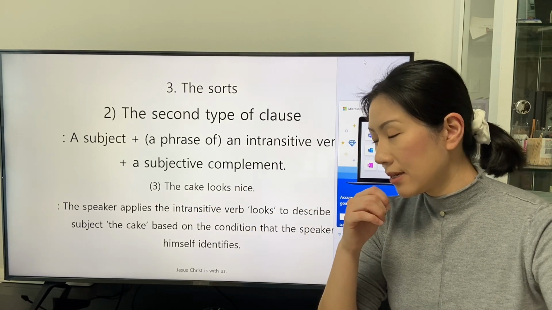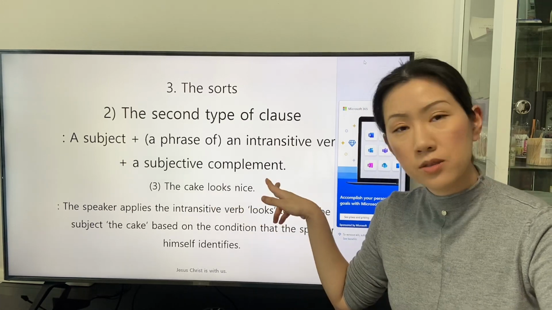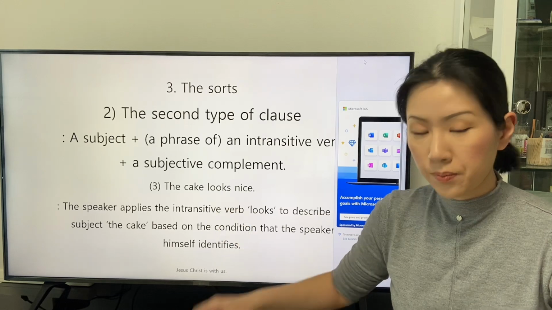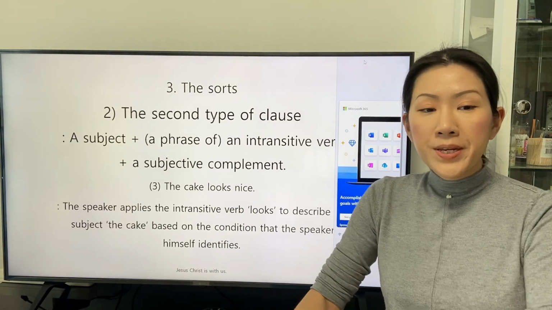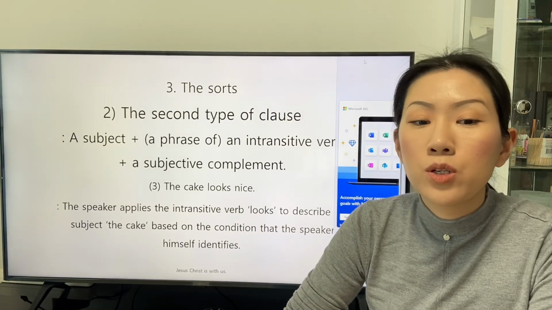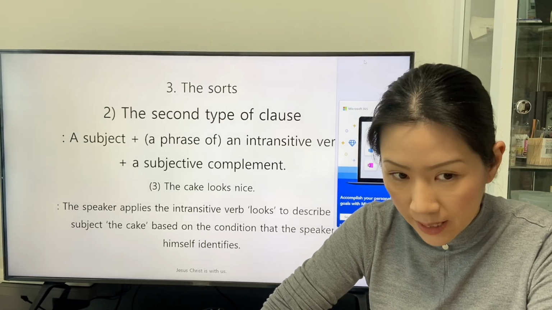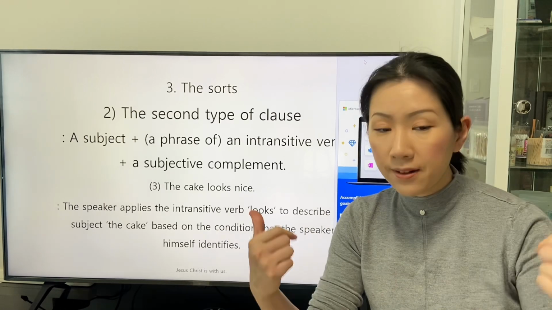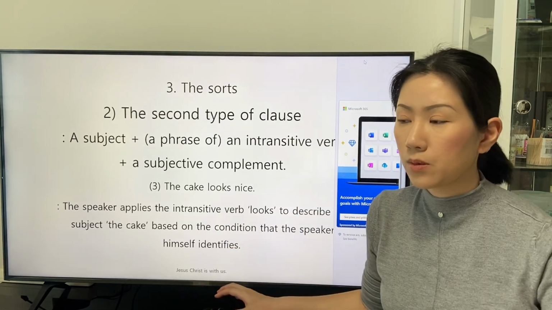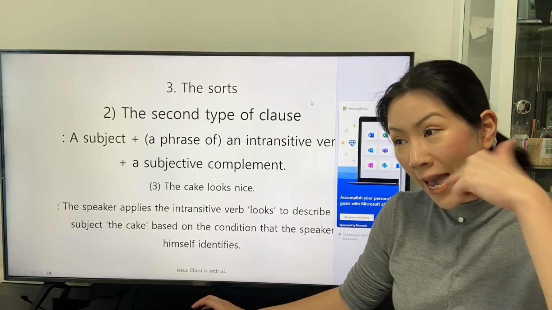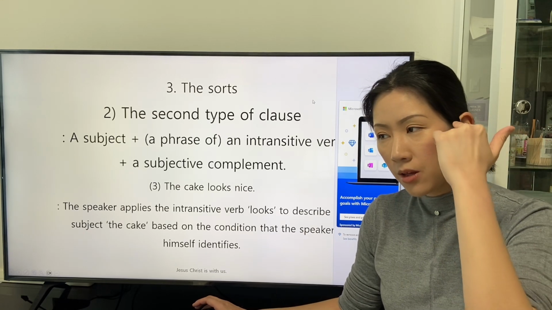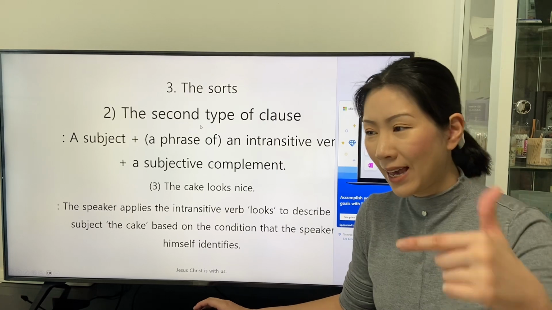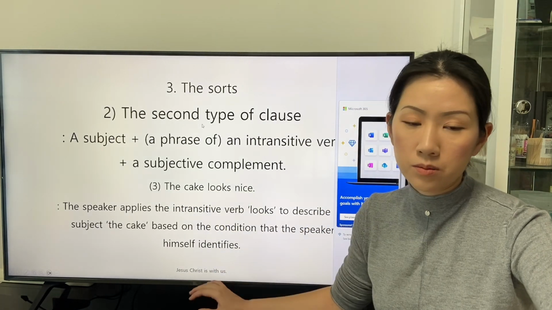The speaker applies the intransitive verb looks to describe the subject, the cake, based on the condition that the speaker himself identifies with the action of seeing the object, the cake, which became the subject of this clause.